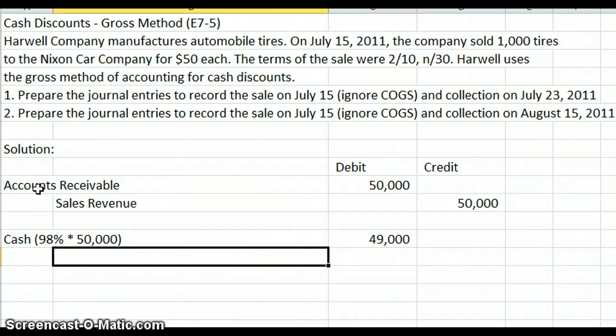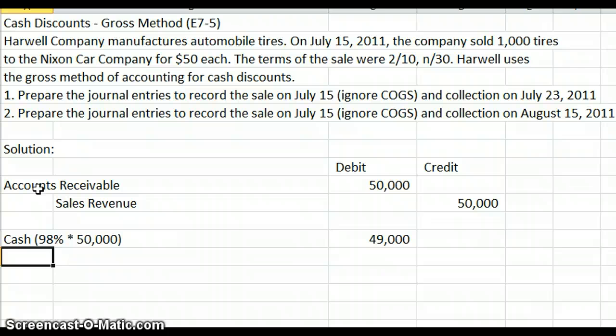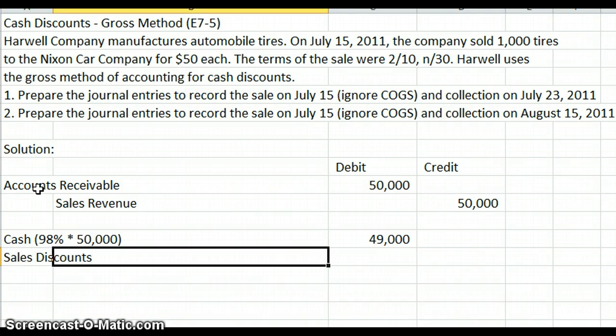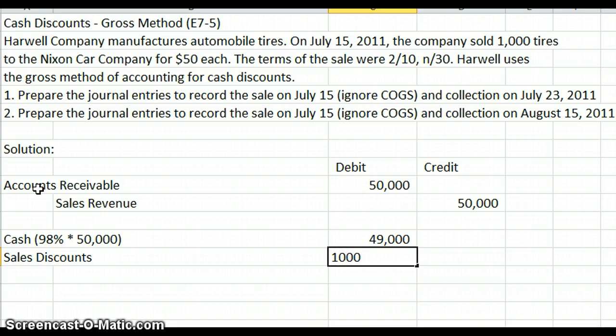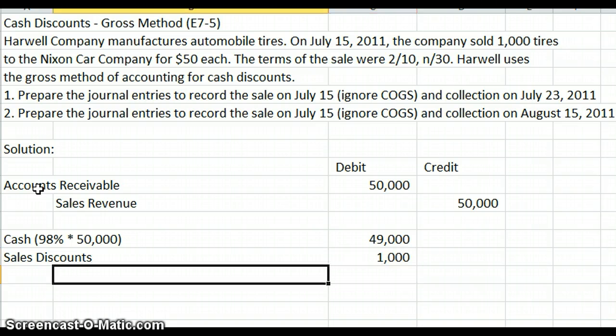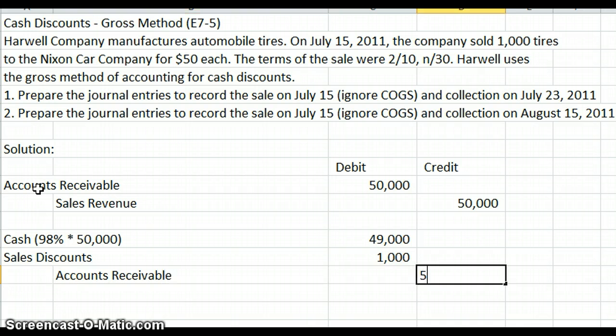We're also going to debit our sales discount for $1,000, and then we will credit our accounts receivable for $50,000.